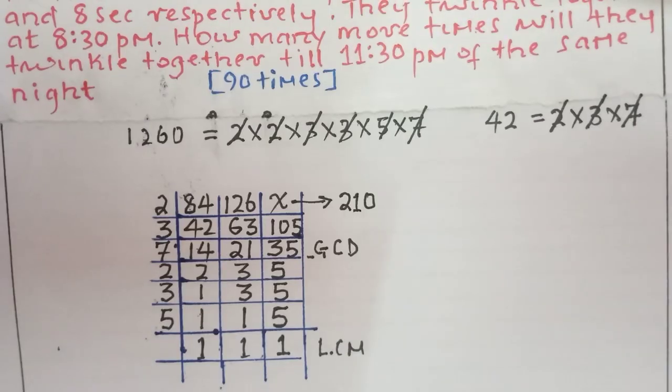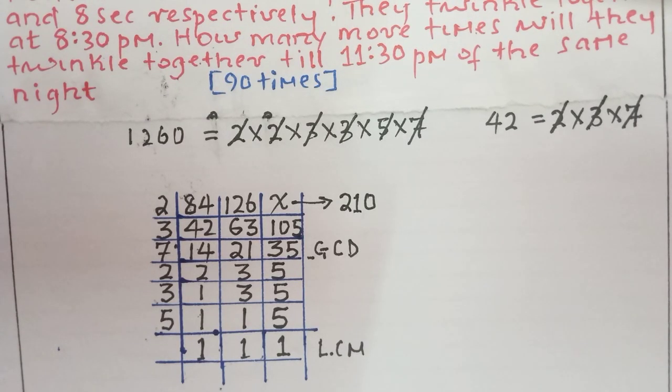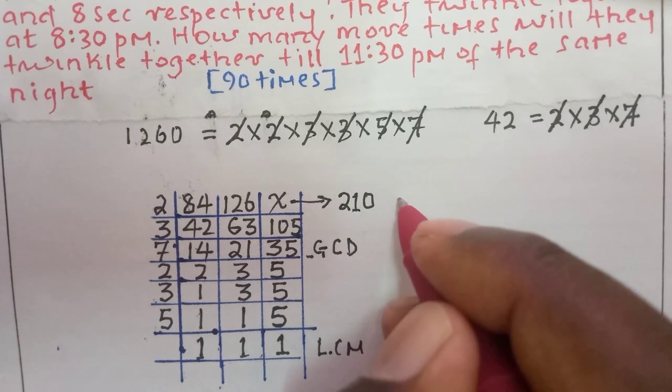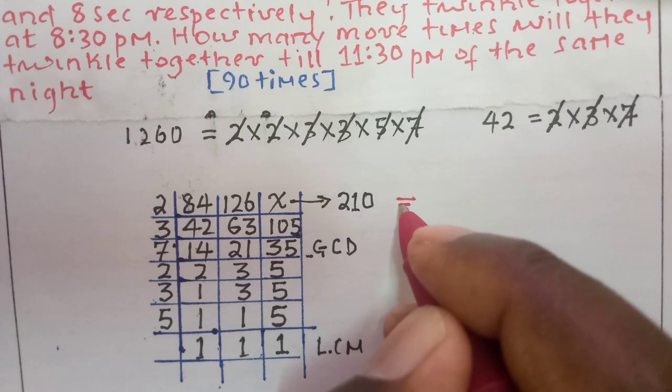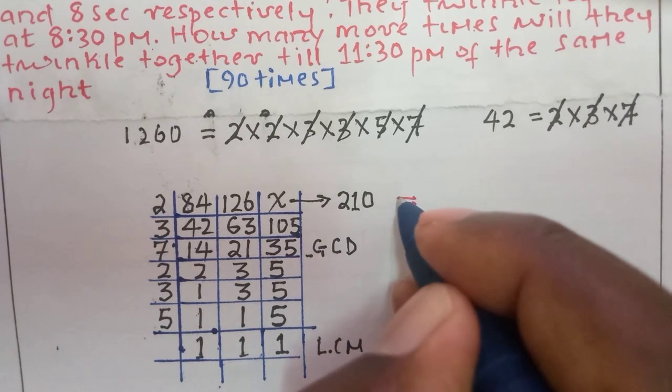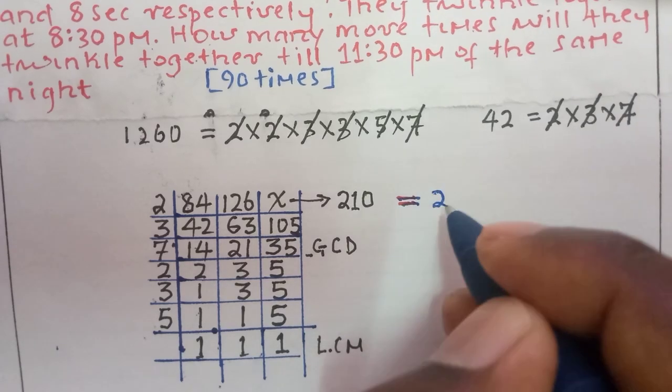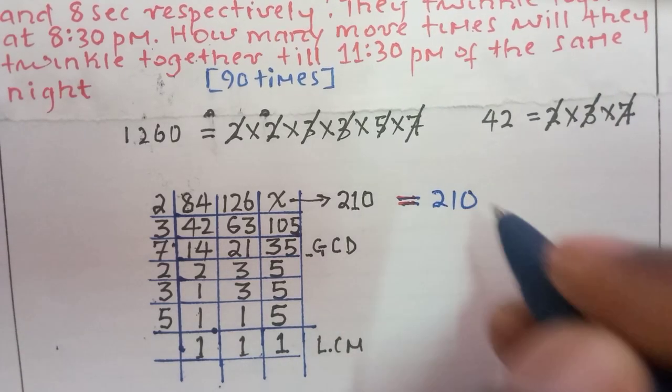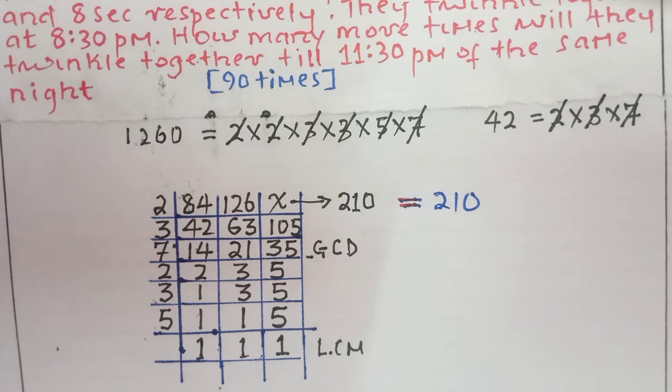So that is how, guys, I could do that problem. And therefore, guys, our answer is supposed to be 210. So, guys, that is how you do that problem.